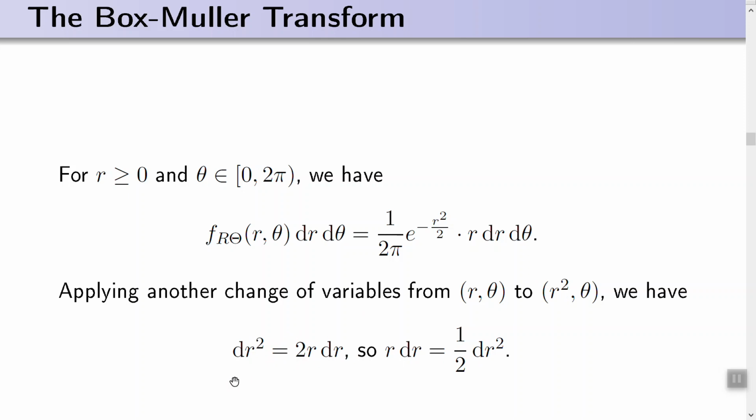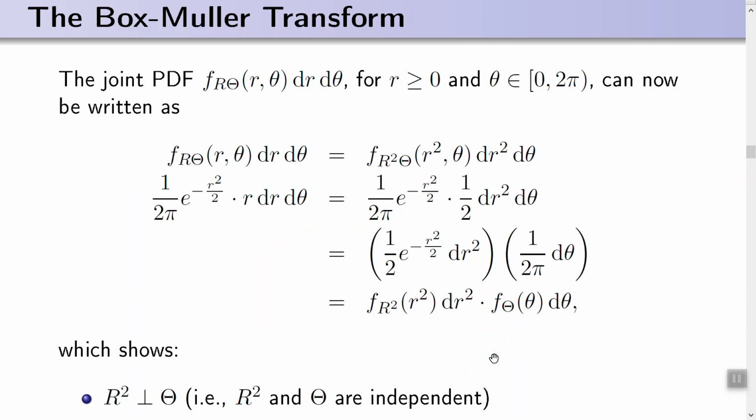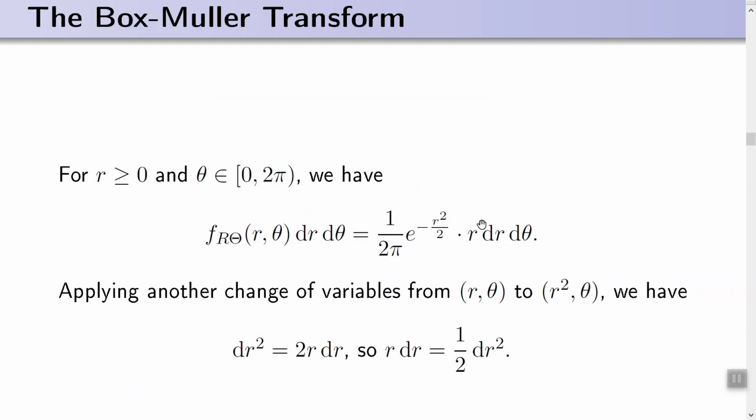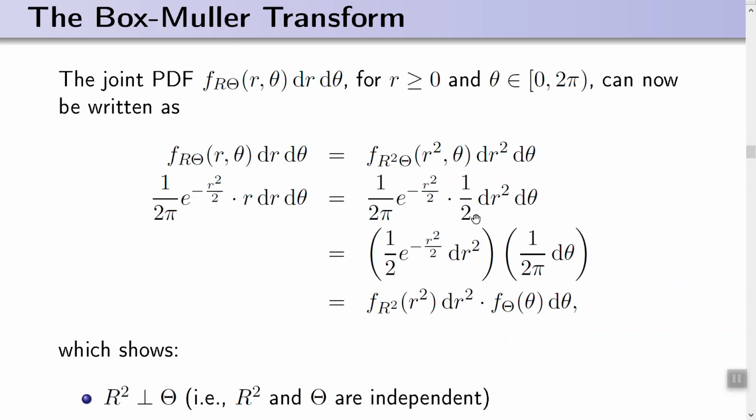If we're switching from r to r squared, d(r squared) is 2r dr. So this part right here, r dr, will be replaced with 1/2 d(r squared). So r dr becomes 1/2 d(r squared).